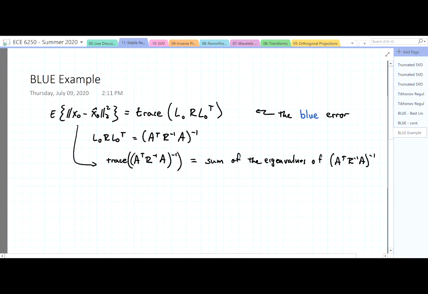And that's sometimes called the information matrix. Okay.